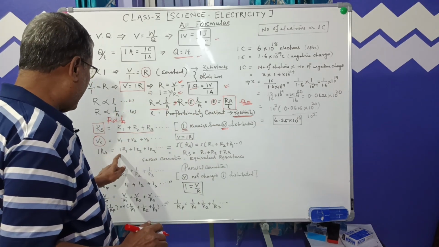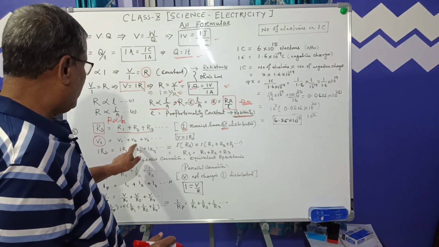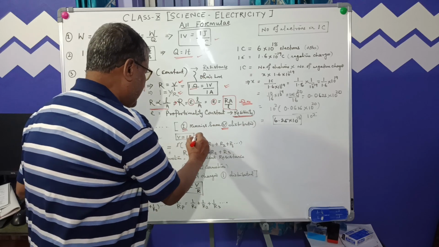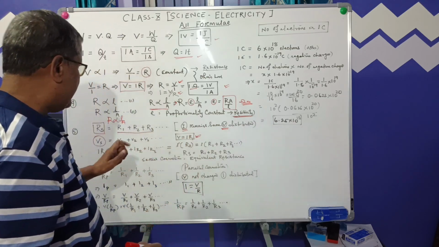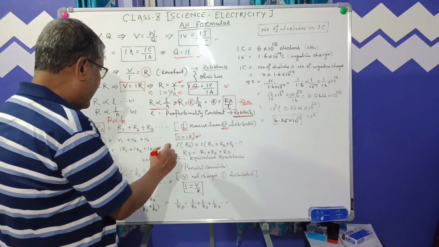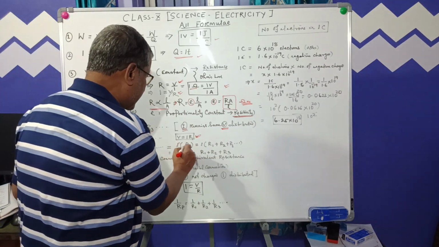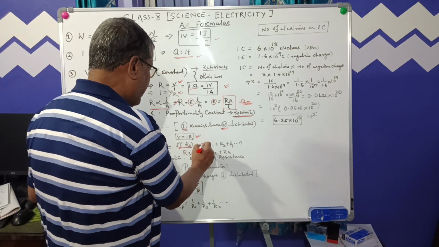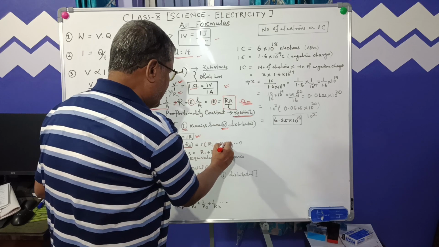So V1 is equal to I R1, V2 is I R2, V3 is I R3. Now let us take I common from the RHS side. I is the current, so I times R1 plus R2 plus R3.